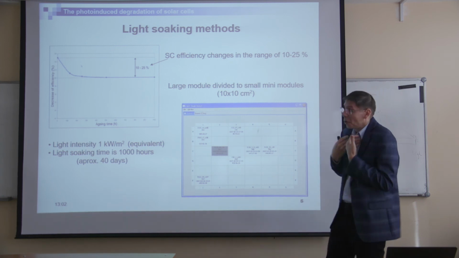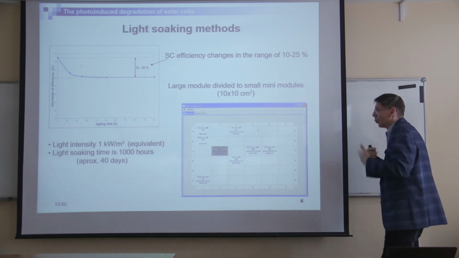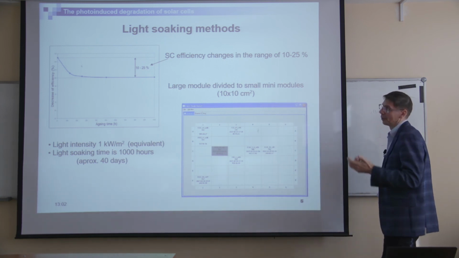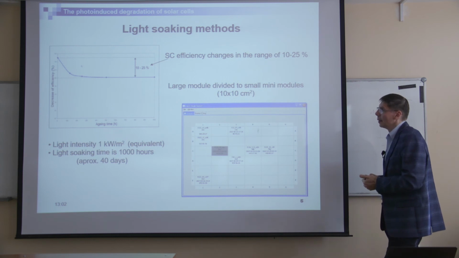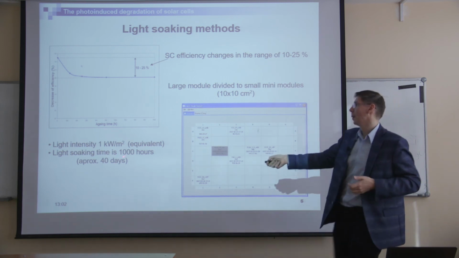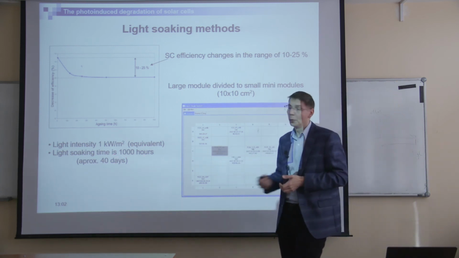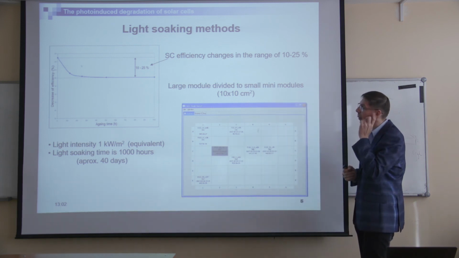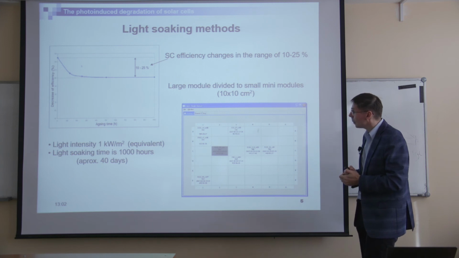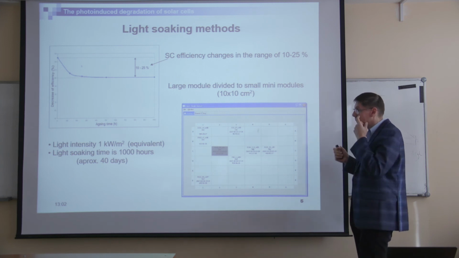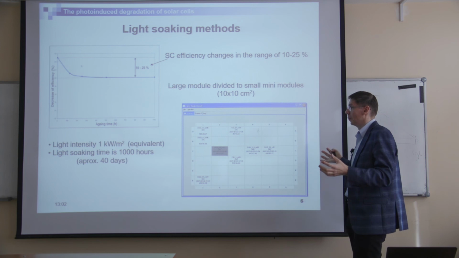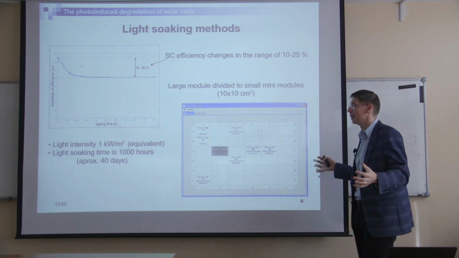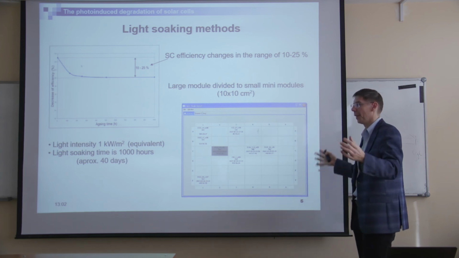And actually, the only thing we have to reproduce is the recombination effect. The main thing is that you have to do it during 1000 hours. It's a really long period. So if you want to perform the measurement for the large modules, you see it's a crazy thing.